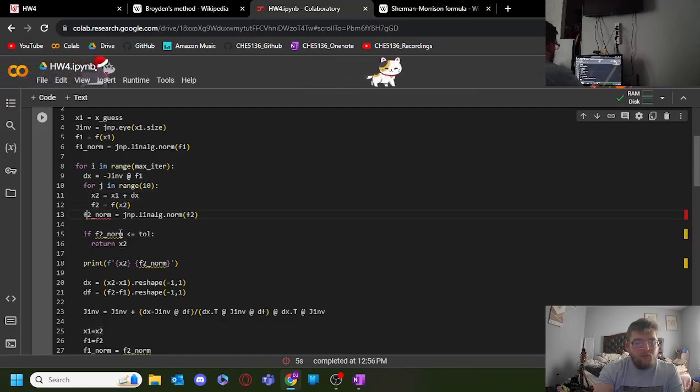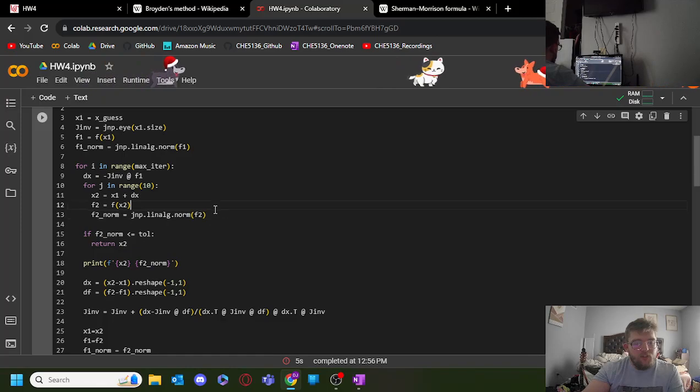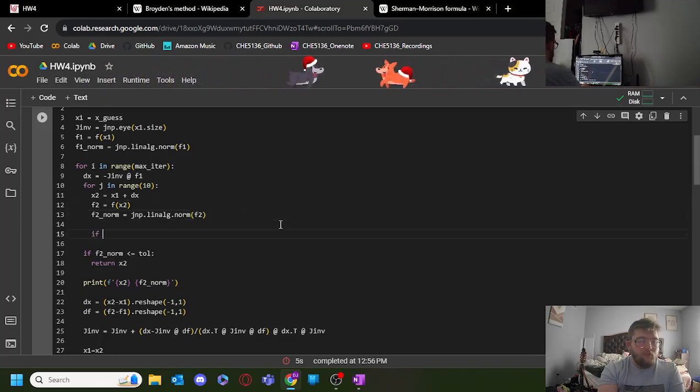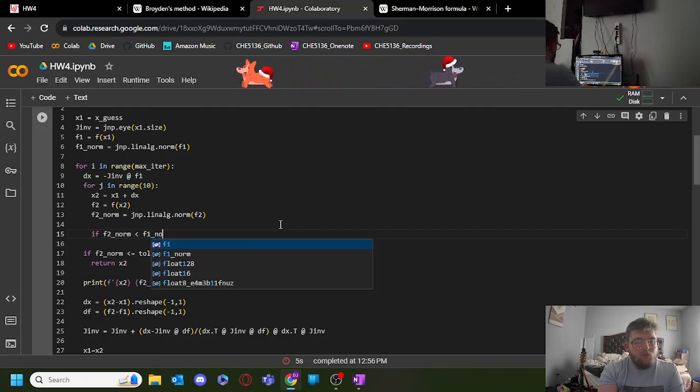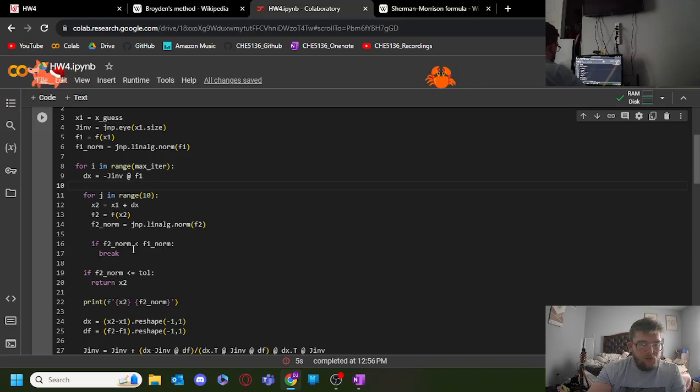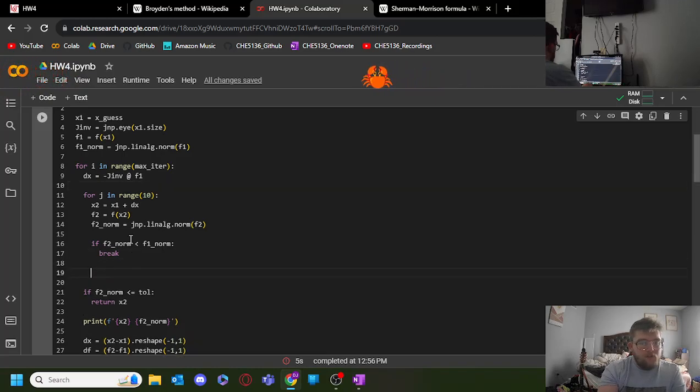I think what might be happening is I'm just overshooting it. If f2 norm is less than f1 norm, great. If that isn't, halve our dx.